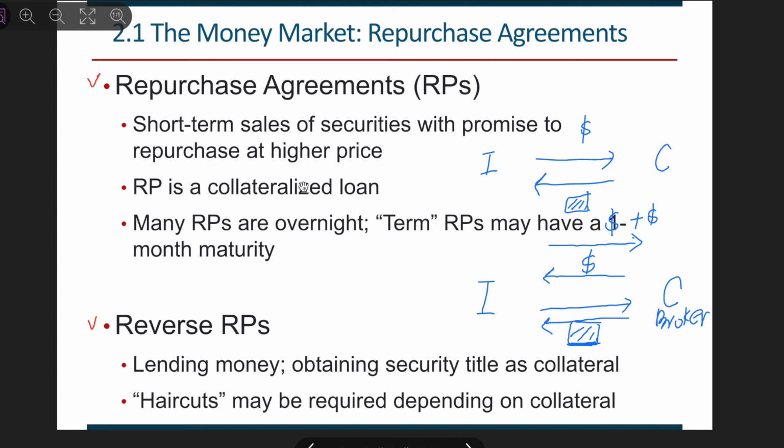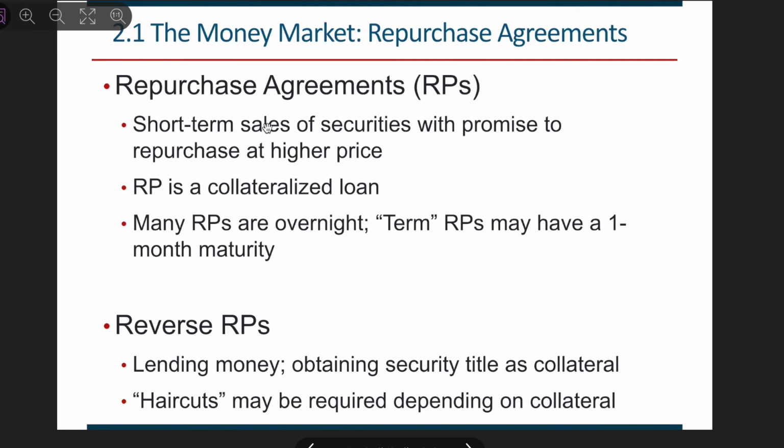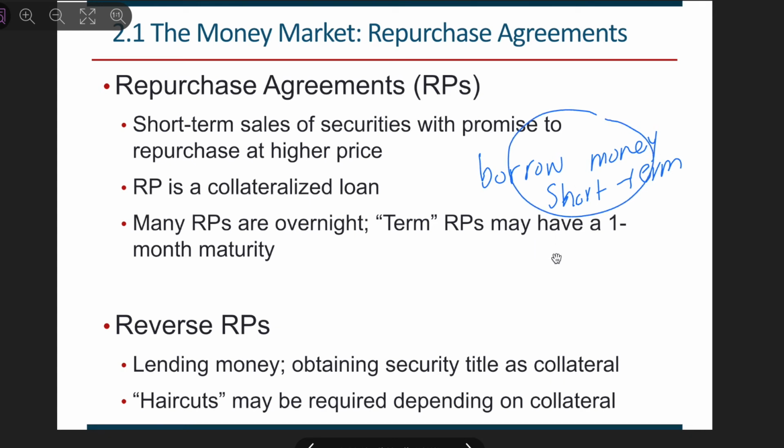So this is what you want: you want to borrow money for the short term, and you have some collateral. I found this security and I can use it as collateral.